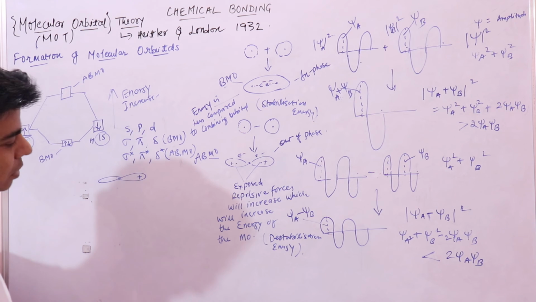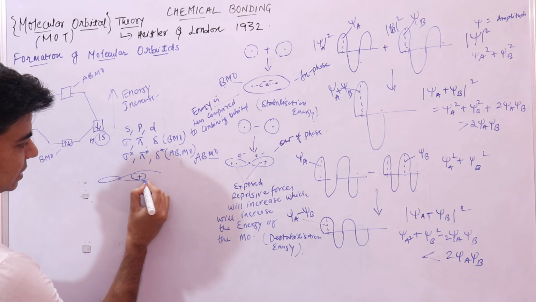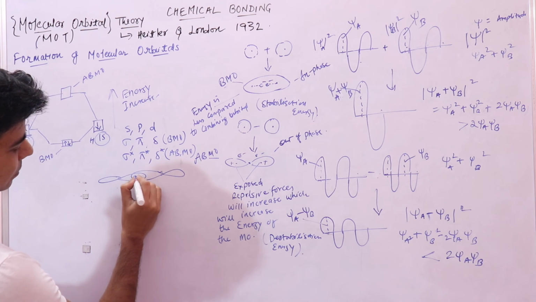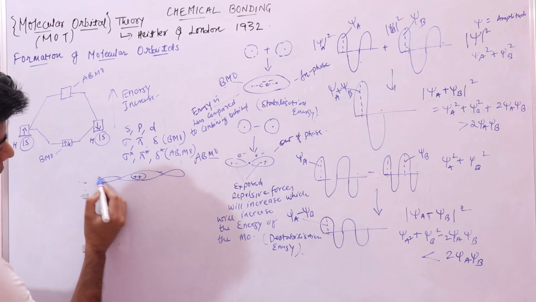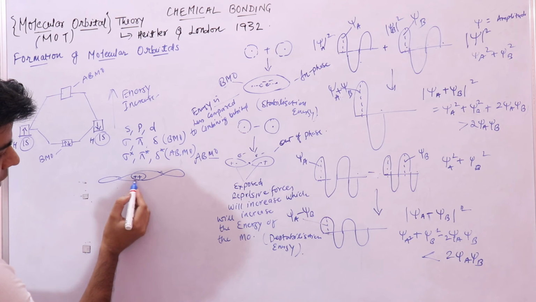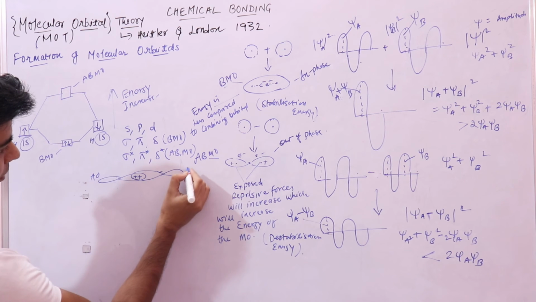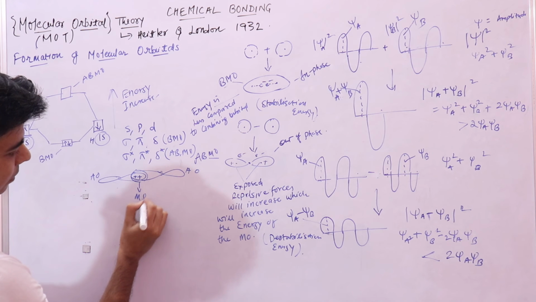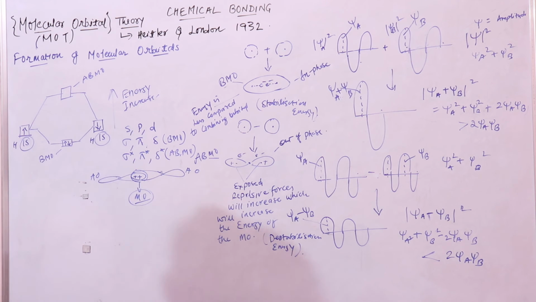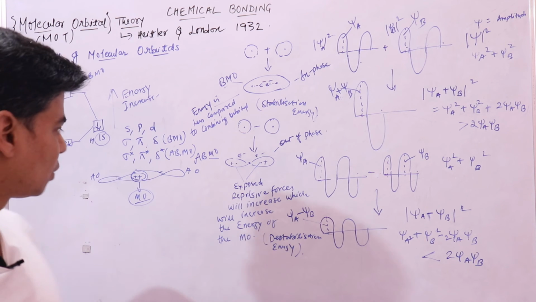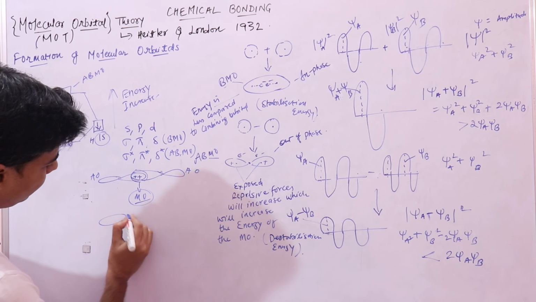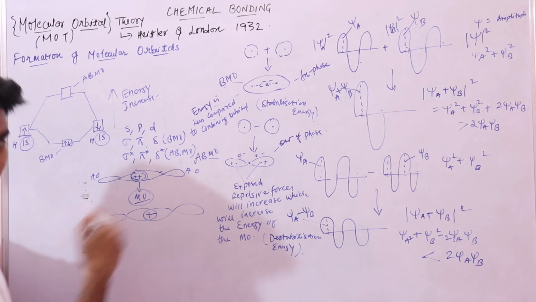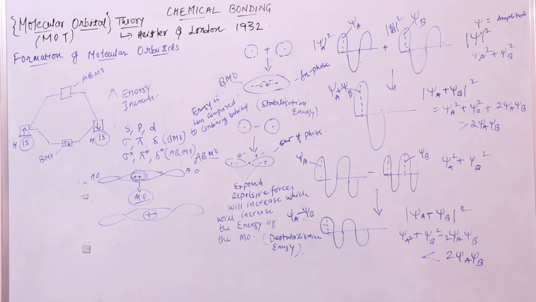So a bonding molecular orbital forms when plus of this orbital overlaps with plus of this orbital. These two are atomic orbitals; they combine and form a molecular orbital by head-on overlap. An anti-bonding molecular orbital forms when plus of this overlaps with minus of the other orbital. This is the difference between the two.